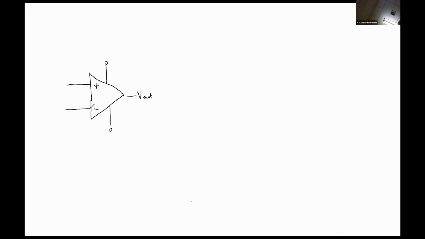So we're going to have the exact same design constraints, but this time, let's say V out is equal to 5 volts for V in greater than 2 volts, and V out is equal to 0 volts for V in less than 2 volts, okay?